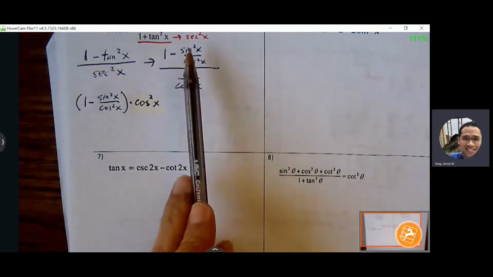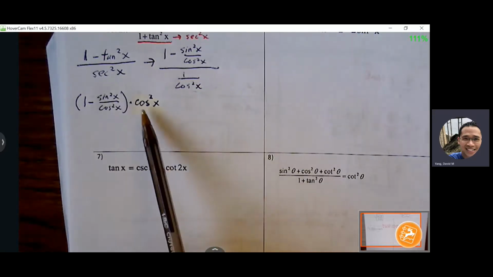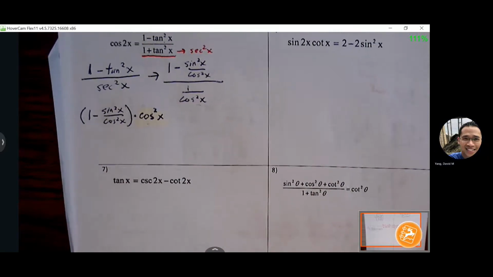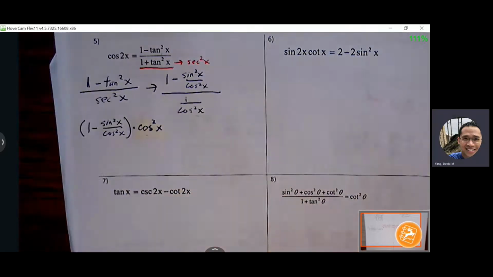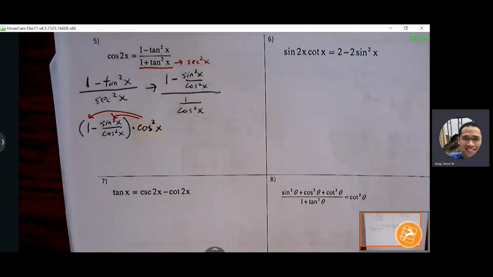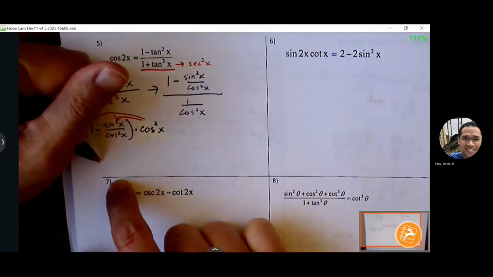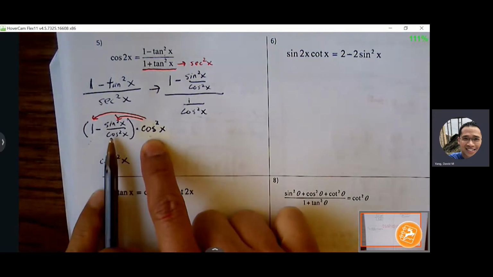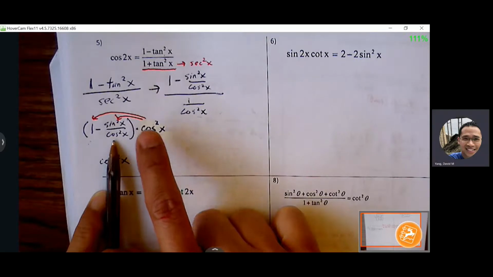Okay, is everybody good with that? Dividing by a denominator is the same thing as multiplying by the reciprocal. Okay, distribute that cosine squared through. What do we get? What's the first term? Cosine squared x, right? Second term will give me what? Sine squared, right?